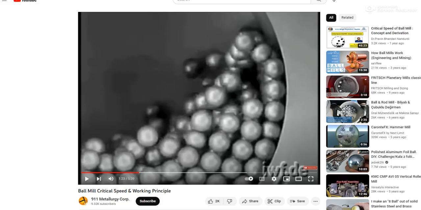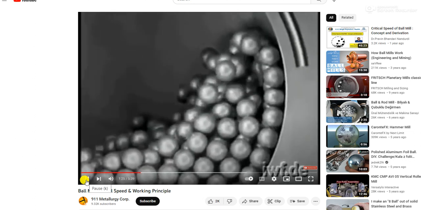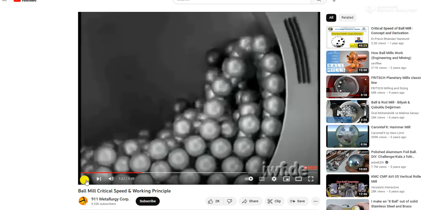So here in this video you can see a ball milling technique. Here you can see that there are many heavy balls placed inside this mill, and along with that our reactants are also mixed.